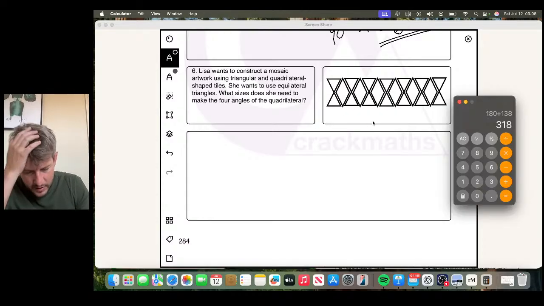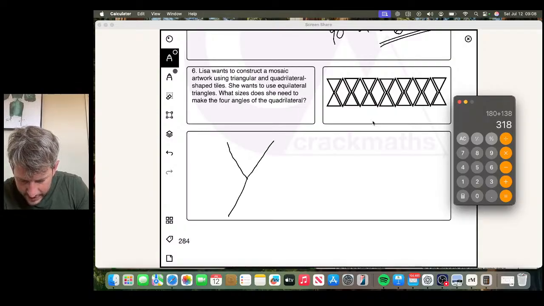Okay, so let's think about this here. So we've got that this bit here and this bit here. So these bits are going to be 60 degrees. They're 60 degrees, so that's this bit here. So that's 60, 60. And then we know that's 60 as well, and that's 60 as well.